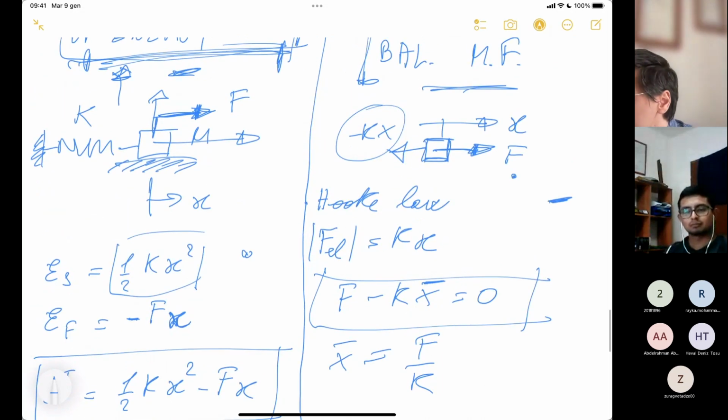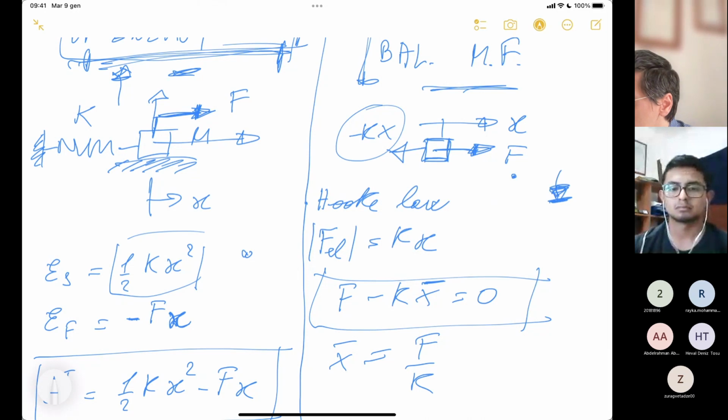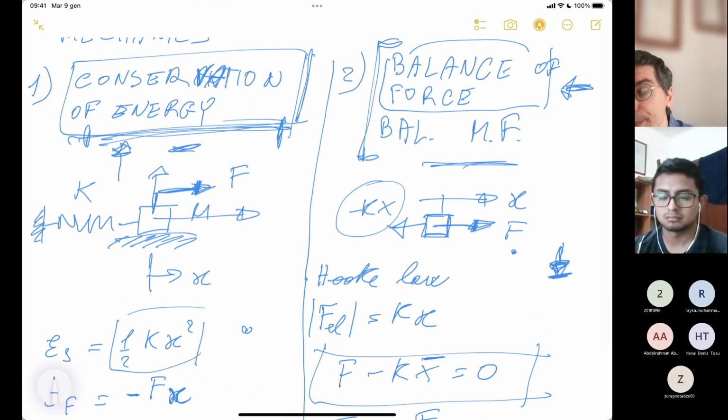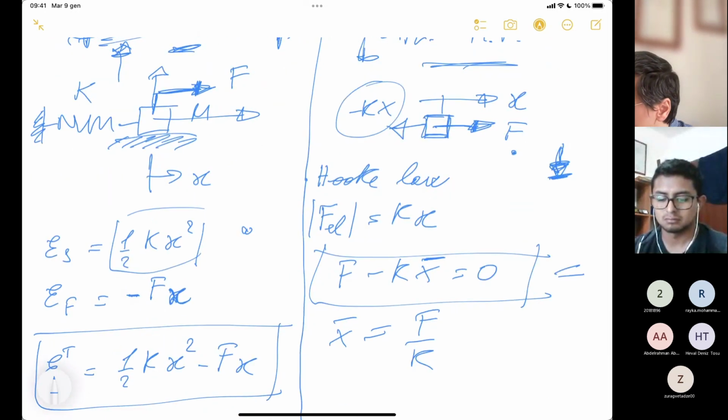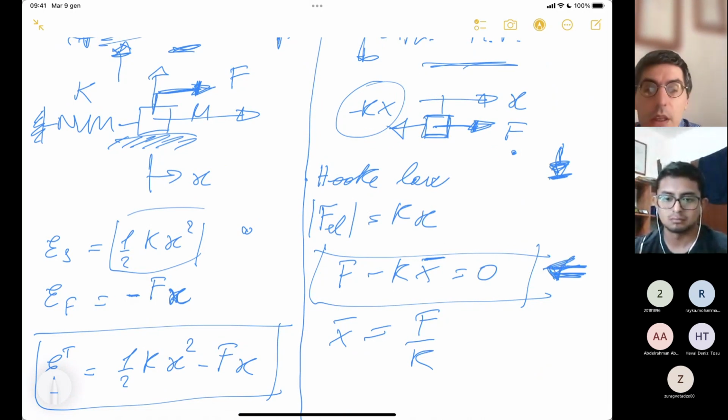Of course, why do people many times prefer this kind of point of view instead of the other one? Because when you talk about balance of force, at the end of the story, you obtain something like this, which is an algebraic problem. Even though this is just an intermediate result, because then you have to solve the problem for the displacement.